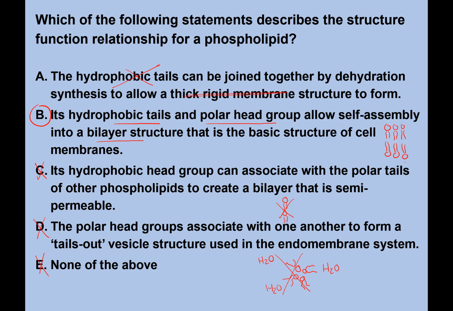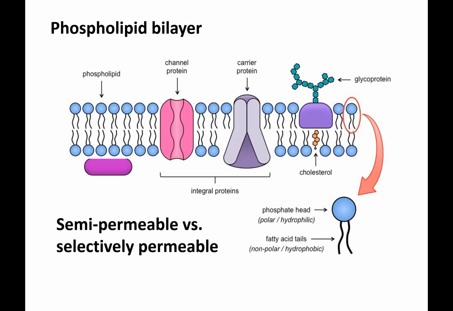All right. Let's talk more about those phospholipid bilayers. So remember that here's again our phospholipid, and because we talk about its hydrophobic and hydrophilic, we also use the term polar, which means it can associate with water, and non-polar means it doesn't have any partial charge.